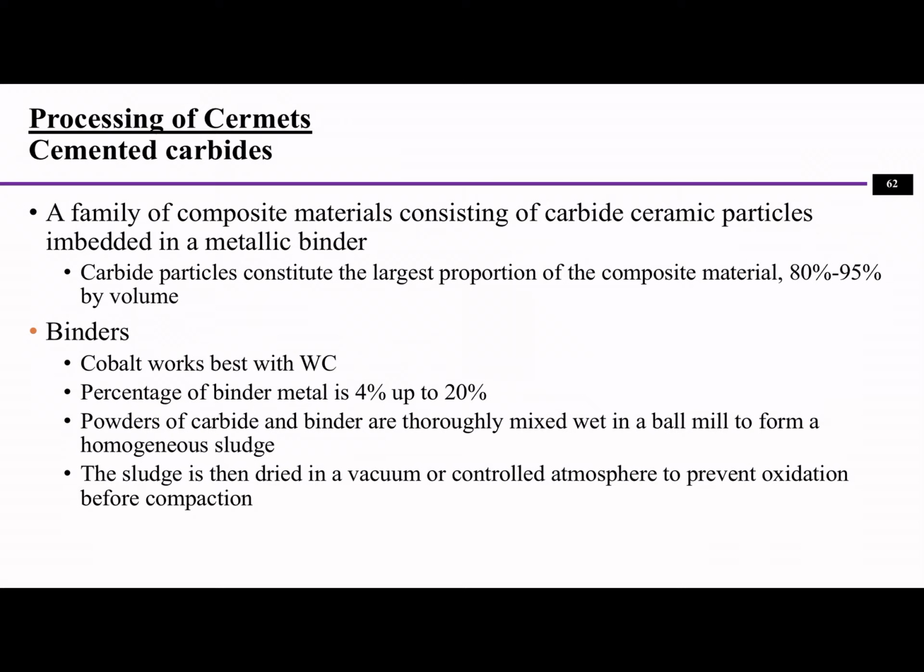And for cemented carbides, cemented carbides are a family of composite materials consisting of carbide ceramic particles embedded in a metallic binder. So it has both carbide ceramic particles and some metal in it.